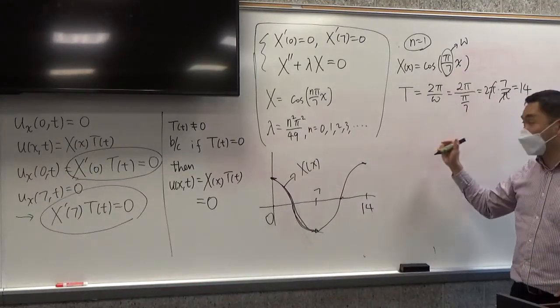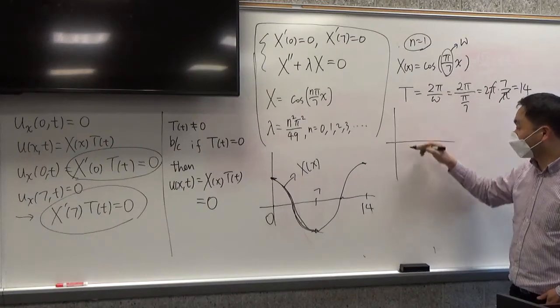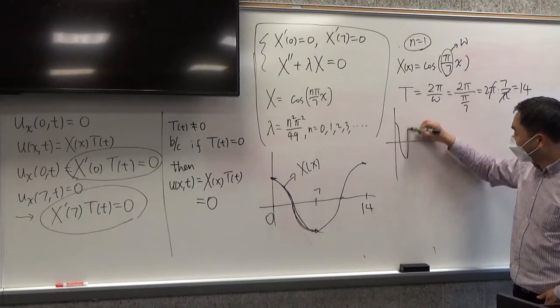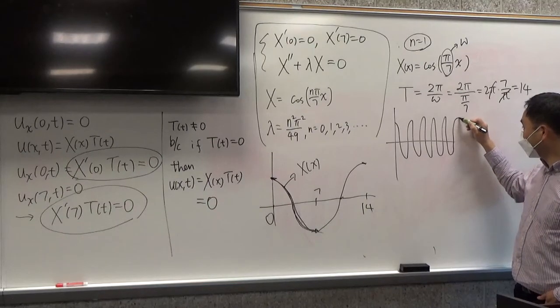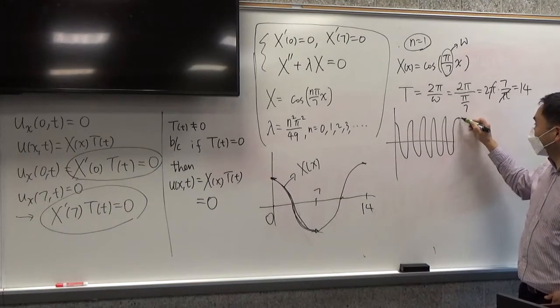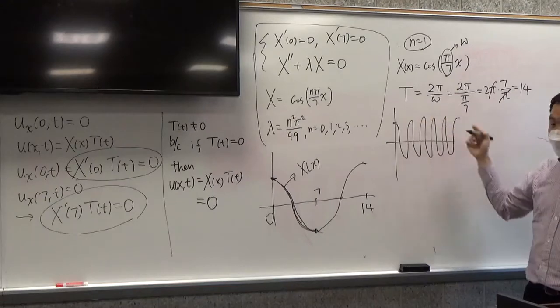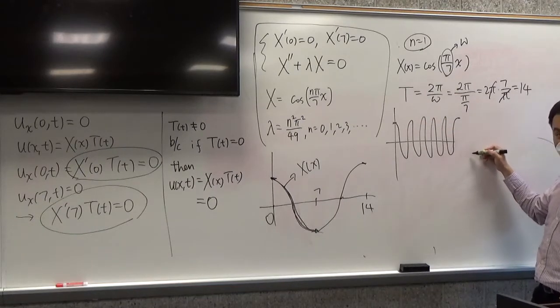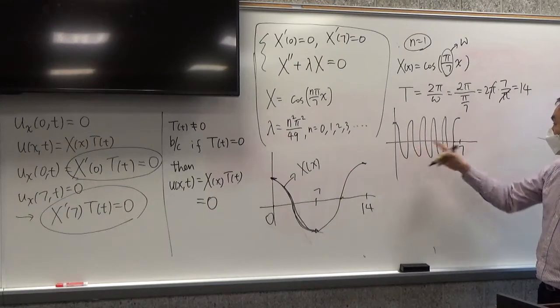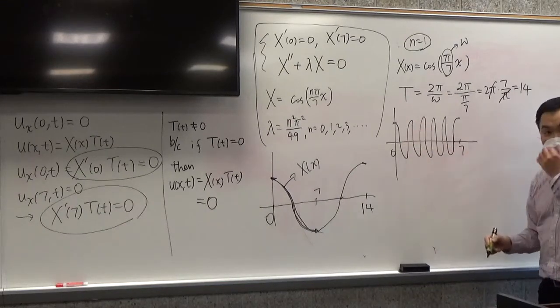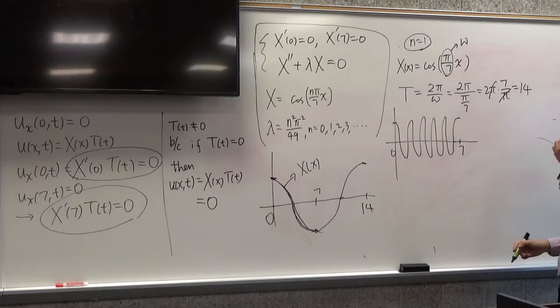And if you increase the angular frequency further, you get a high frequency cosine function. If n is even, it ends at positive 1, and if it's odd, it ends at negative 1. But if you look at what's happening at 0 and 7, you'll see that you always have the derivative equal to 0.